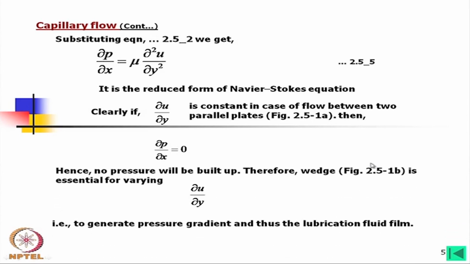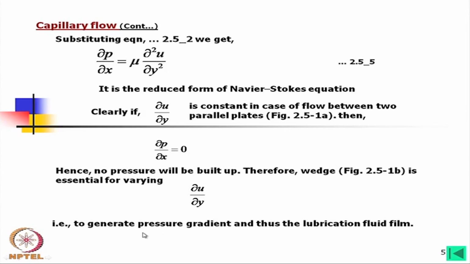This means that no pressure will be built up. Therefore, a wedge is essential for varying del u by del y. That means one plate is to be inclined to the other, and the gap should gradually decrease to have positive pressure. That means to vary this, because there will be a change in u, only then will there be del u by del y.